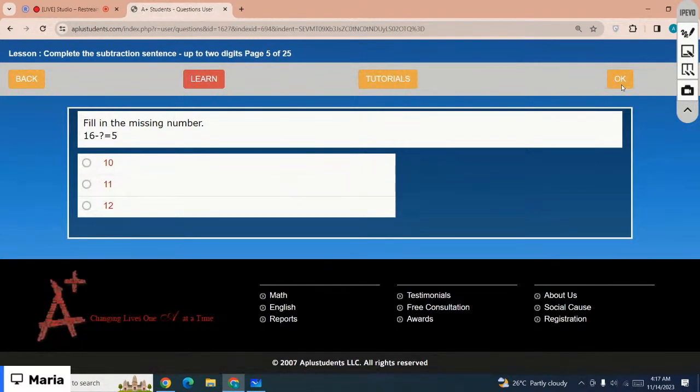Okay, the next one is fill in the missing number. 16 minus missing number equals 5. So which is the correct option?